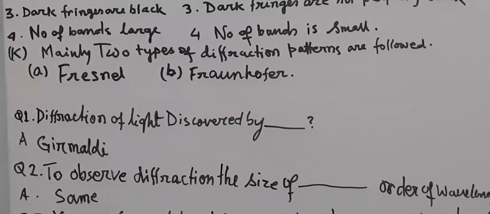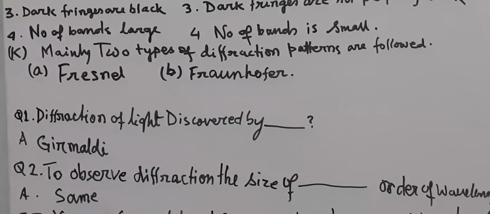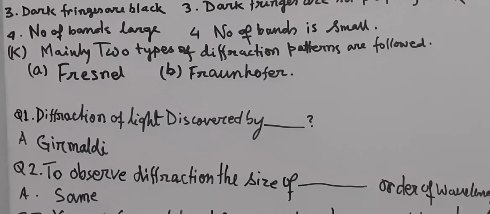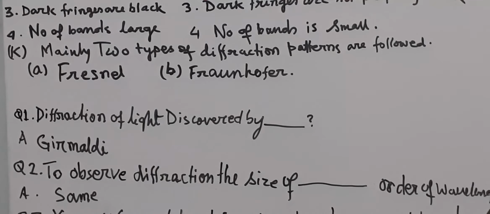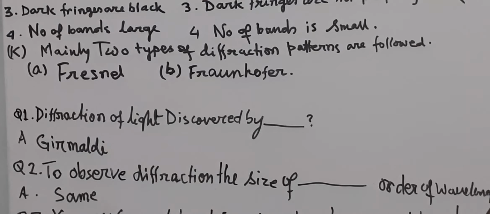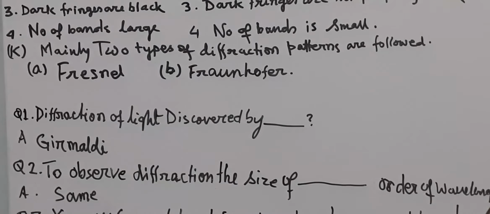Now a few questions related to this chapter. Diffraction of light was discovered by, answer is Grimaldi. Number 2, to observe diffraction, the size of the obstacle or slit required will be in the same order as the wavelength.